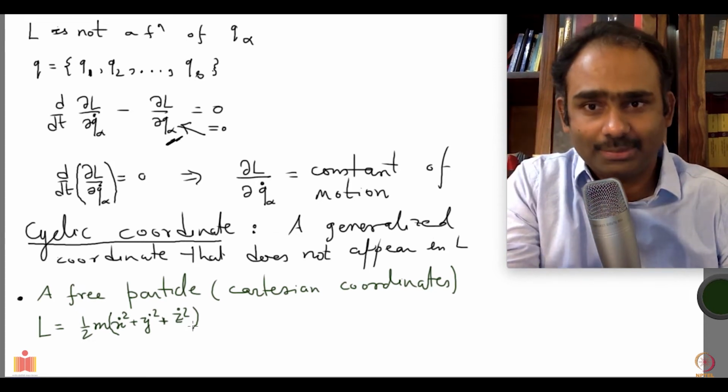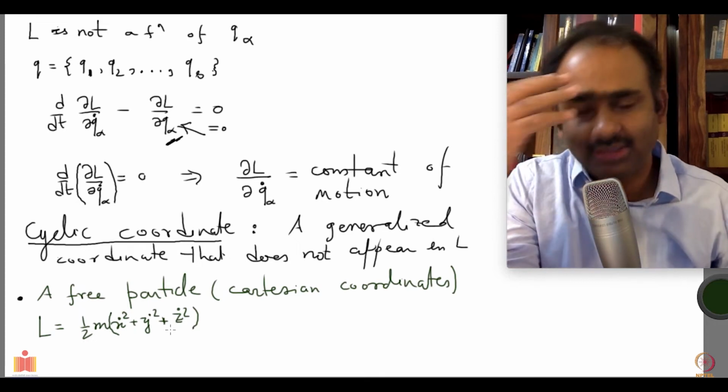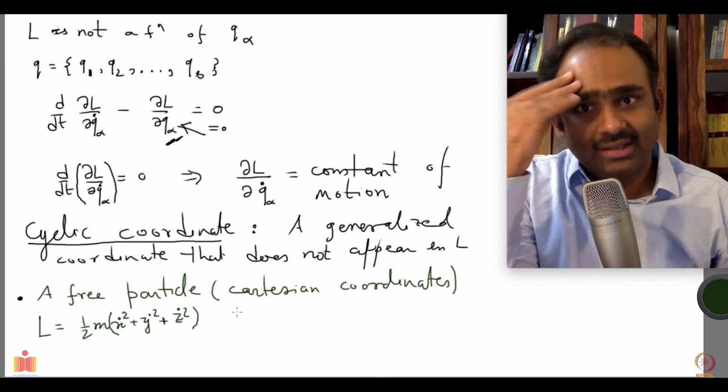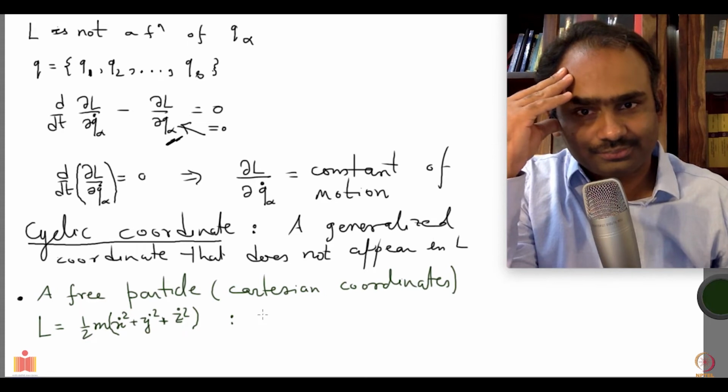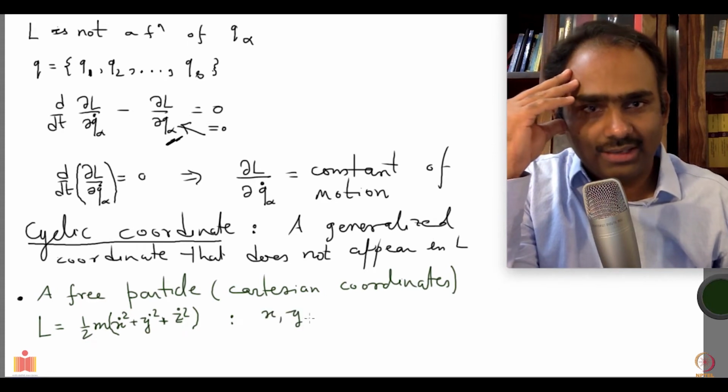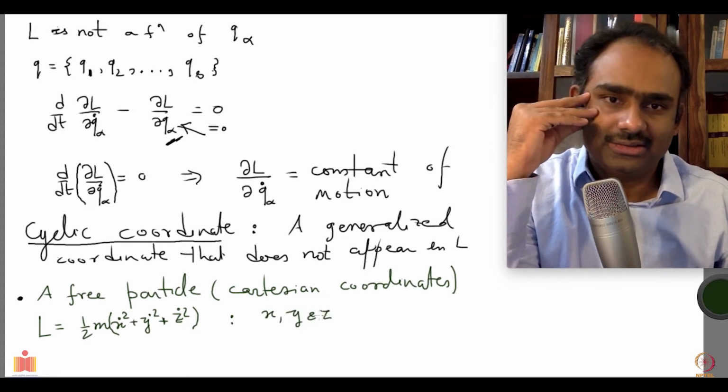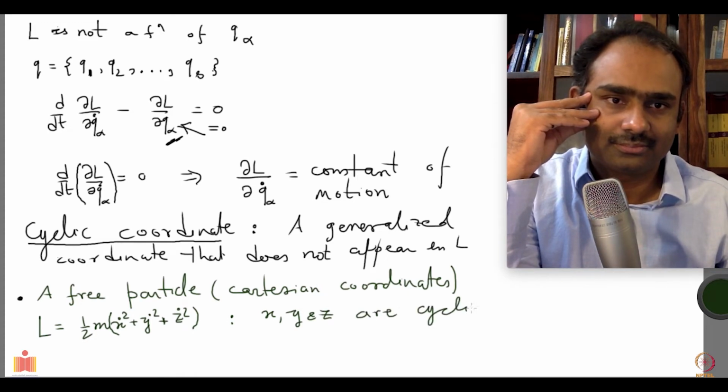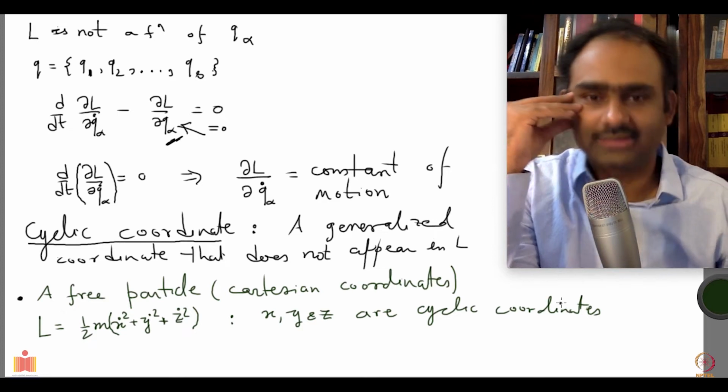The derivatives, the velocities appear, but not the coordinates. So in this case, your x, y and z are cyclic. They are cyclic coordinates, or ignorable coordinates.